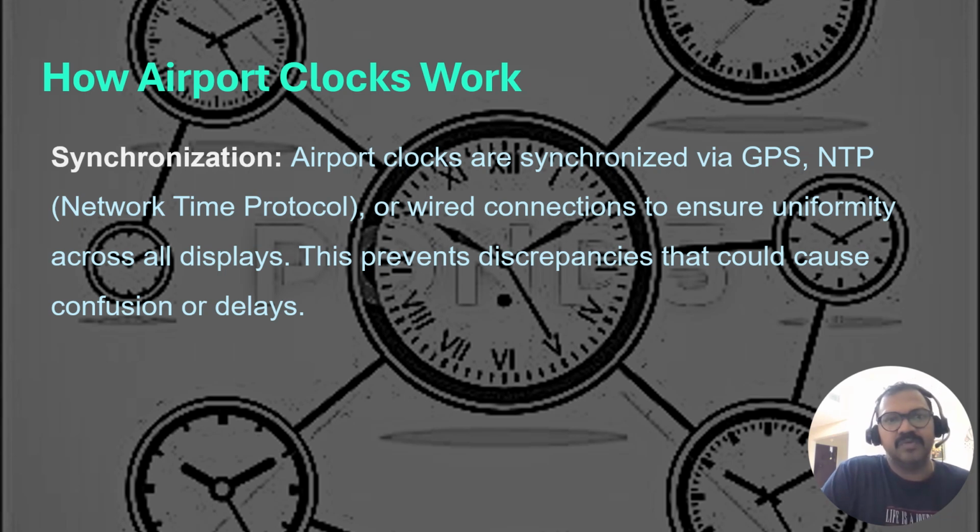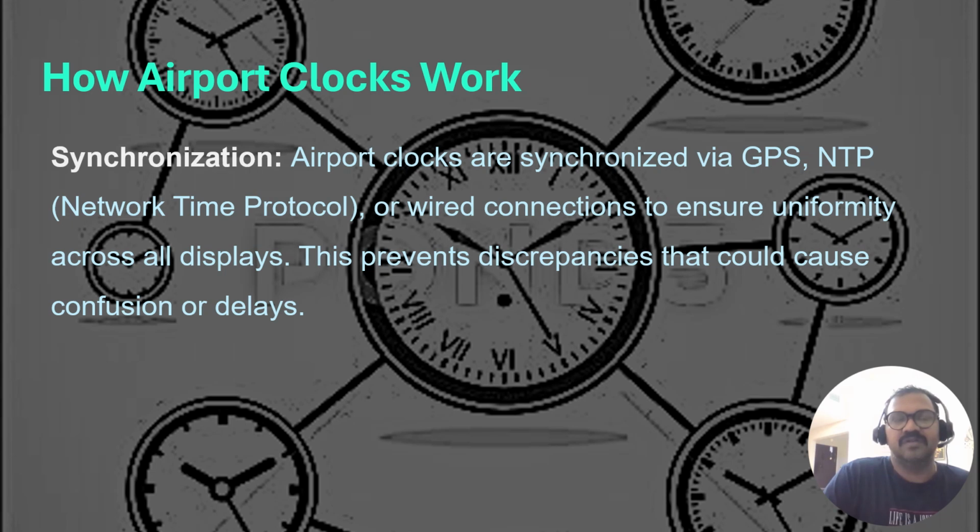So how do airport clocks work? We could say airport clock, master clock or slave clock, whatever. Synchronization is a major important factor here. In general, airport clocks are synchronized via GPS and NTP, that is Network Time Protocol.